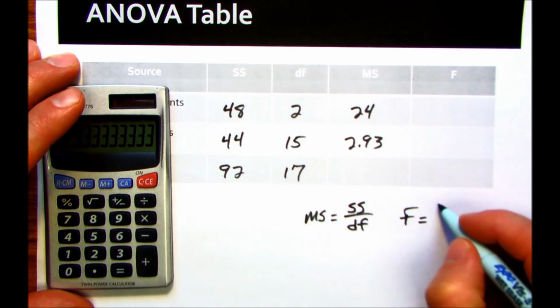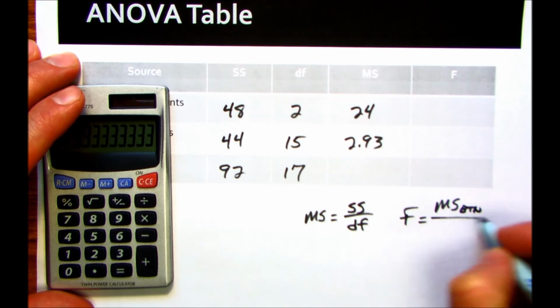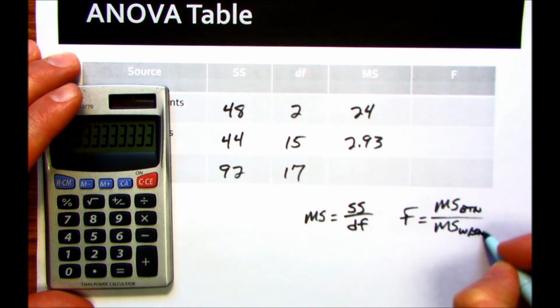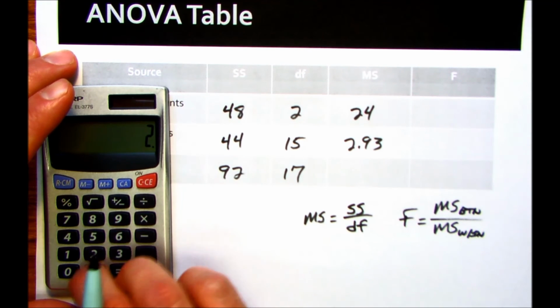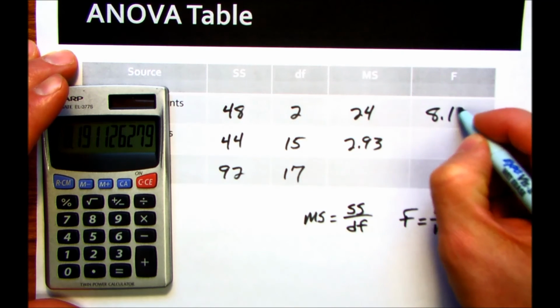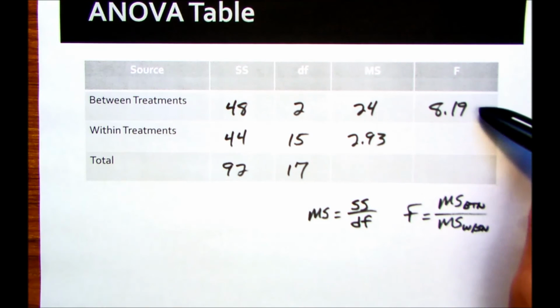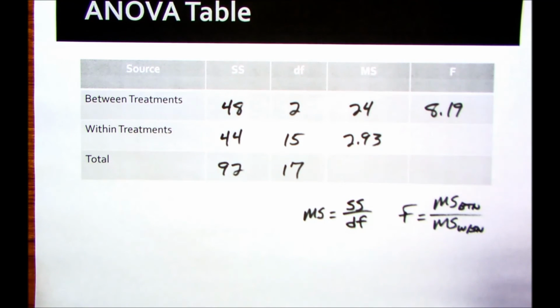The F ratio just equals the mean square between divided by the mean square within. Okay? 24 divided by 2.93 equals 8.19. So we've got our F ratio, we've got our mean squares, we've got everything within this ANOVA table.